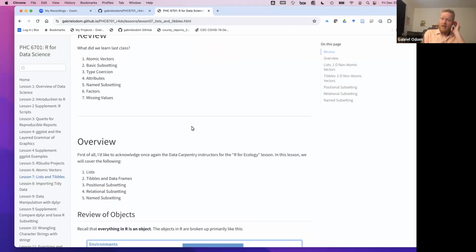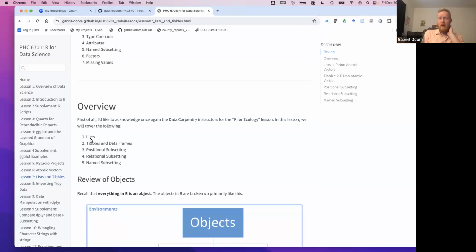Now in lesson 7, we want to get into lists, which are unstructured non-atomic vectors, and then tibbles, which are structured non-atomic vectors. Let me go back. Lists are non-rectangular non-atomic vectors. They could very well have structure.